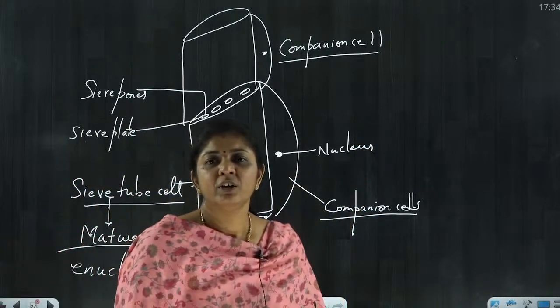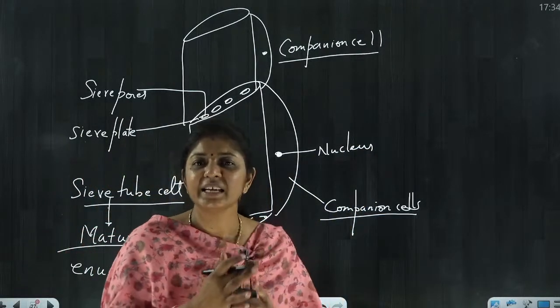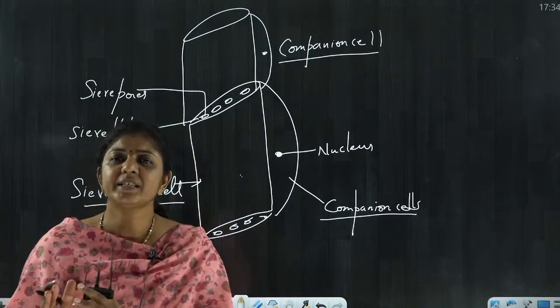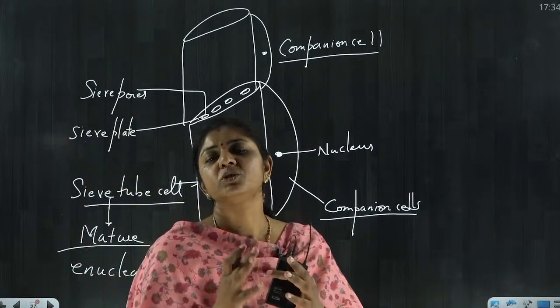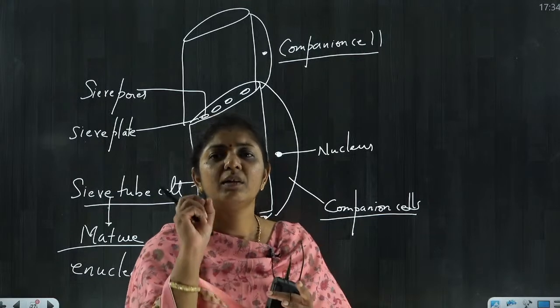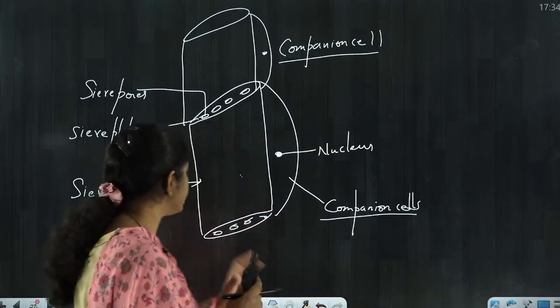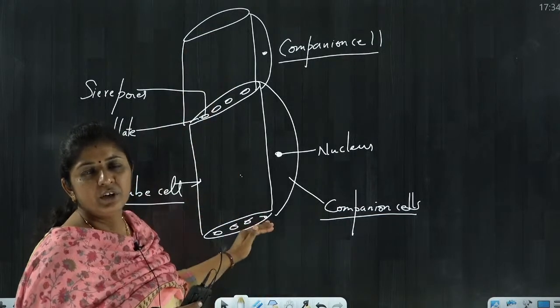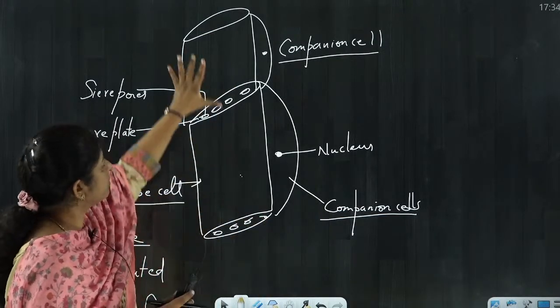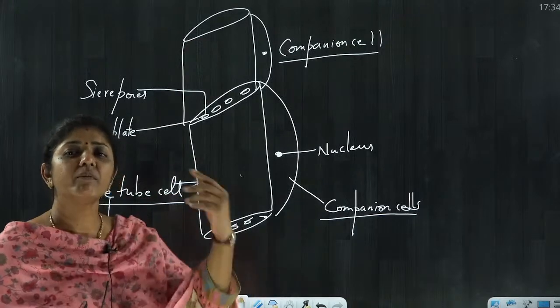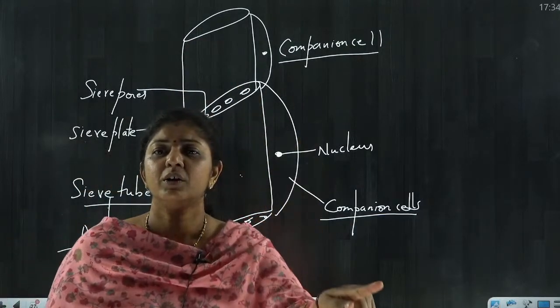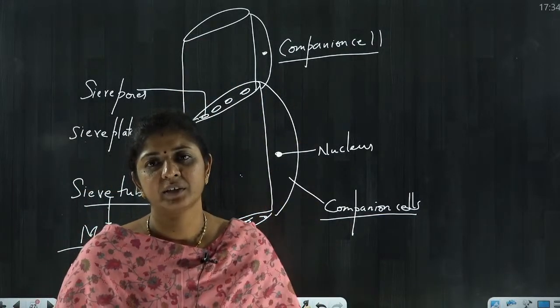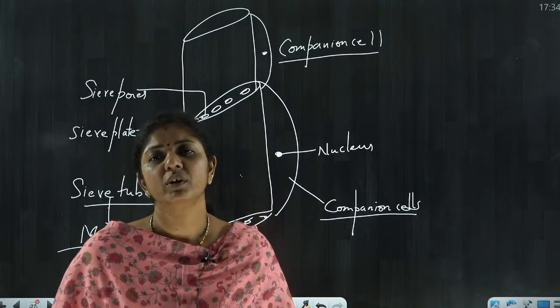Are you getting that? So sieve tube and companion cell are the main components of what thing? Phloem. Are you getting that? And sieve tube cells together form what thing? Sieve tube. I repeat, sieve tube cells are going from where? Leaf to the non-green parts of the plant and help in the conduction of the food.